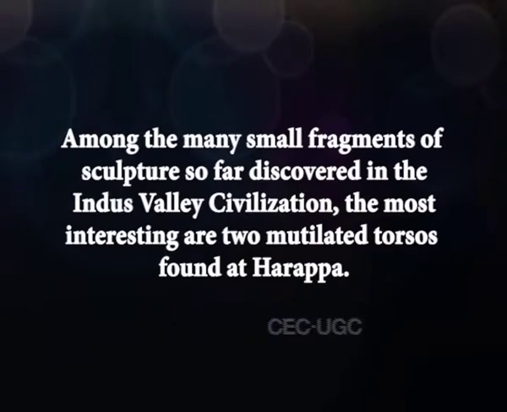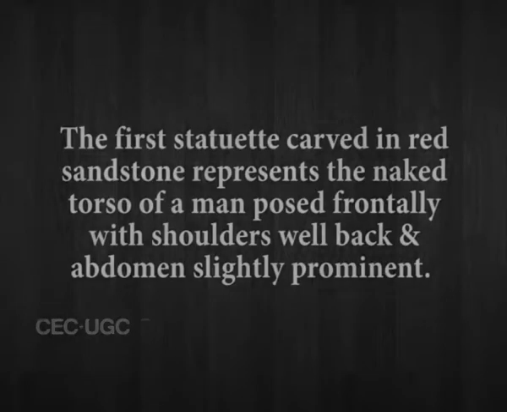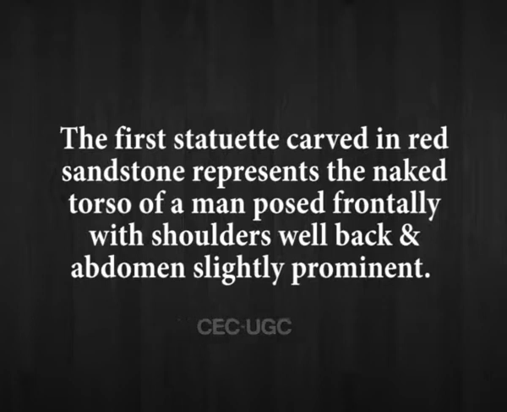Among the many small fragments of sculpture so far discovered in the Indus Valley civilization, the most interesting are two mutilated torsos found at Harappa. The first statue, carved in red sandstone, represents the naked torso of a man posed frontally, with shoulders well back and abdomen slightly prominent.